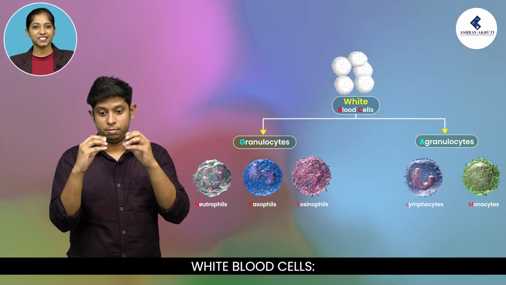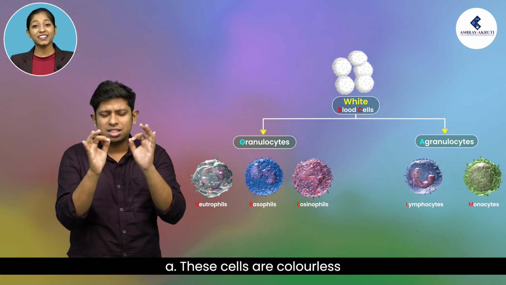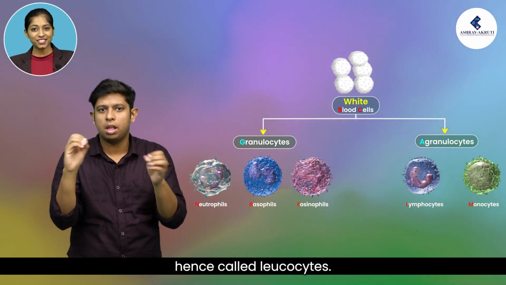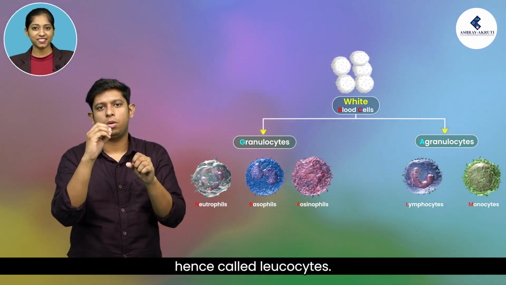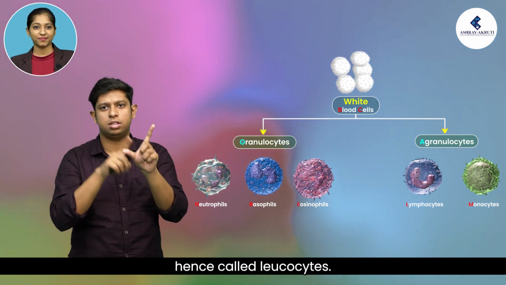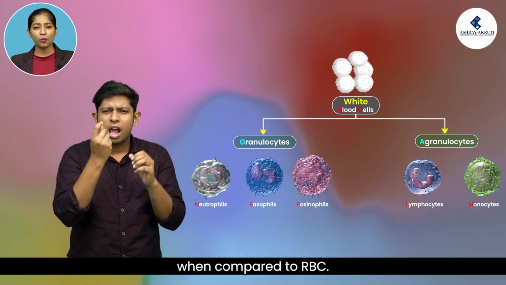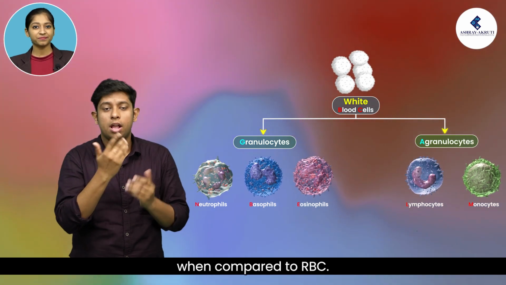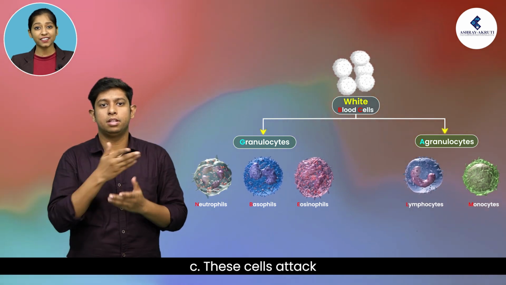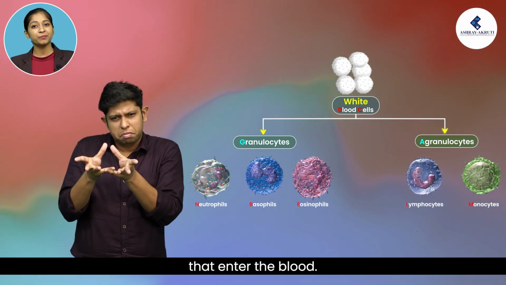White blood cells. These cells are colorless due to lack of hemoglobin, hence called leukocytes. These cells are less in number when compared to RBC. These cells attack and destroy the microorganisms that enter the blood.